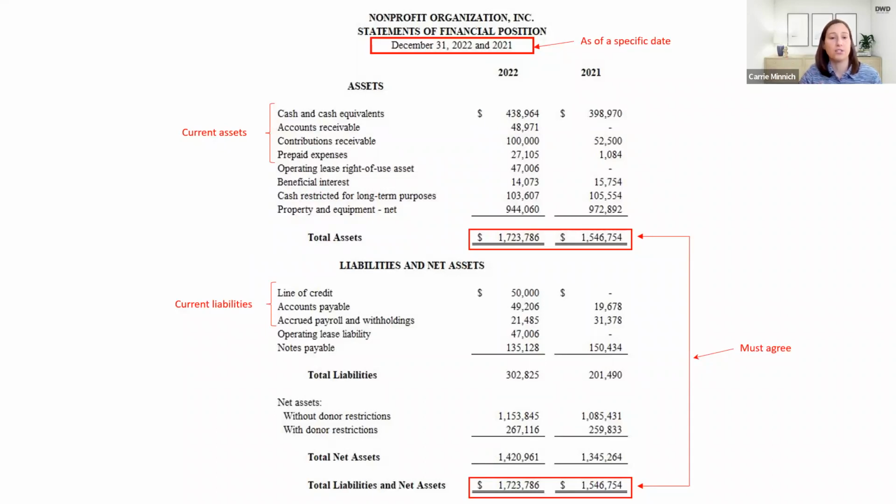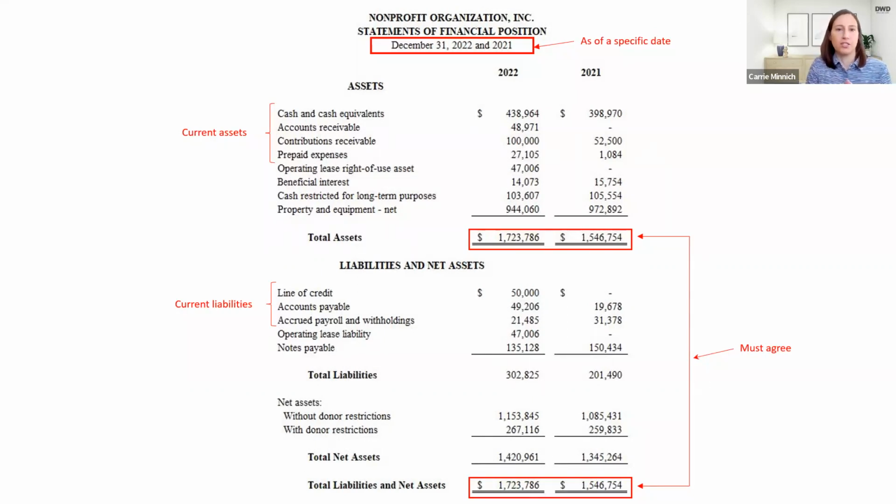Now, net assets with donor restrictions result from contributions given from donors. And the donor has said this money has to be spent on a specific program, to purchase a specific item, or for a specific period of time. So the donor has placed some kind of restriction on what you can spend that money on. Oftentimes you can't use this to just buy regular office supplies. So in that instance, because it is restricted by the donor, we have to set it aside.